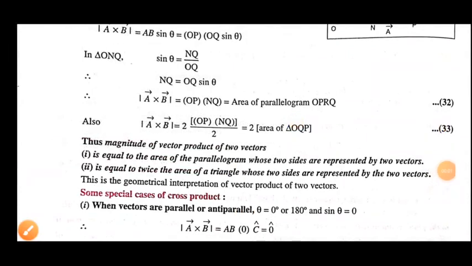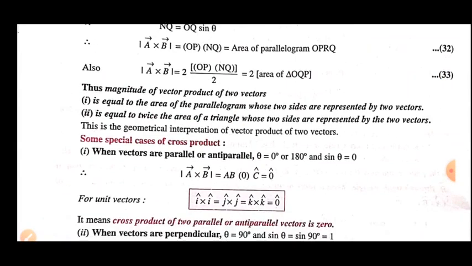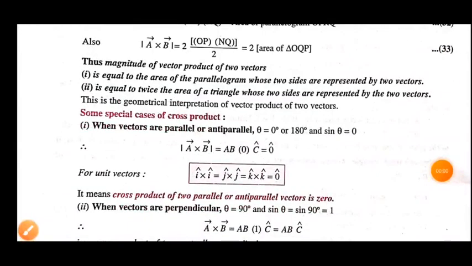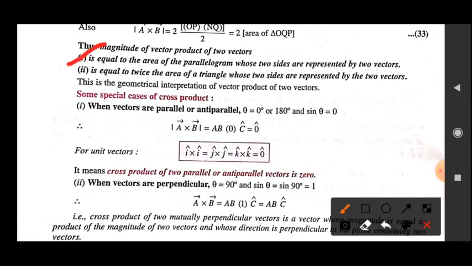The magnitude of the vector product is equal to the area of the parallelogram whose two sides are represented by the two vectors, and is equal to twice the area of the triangle whose sides are represented by the two vectors. Whether you use the parallelogram or the triangle, it gives the same result. There is no change, both are the same thing.